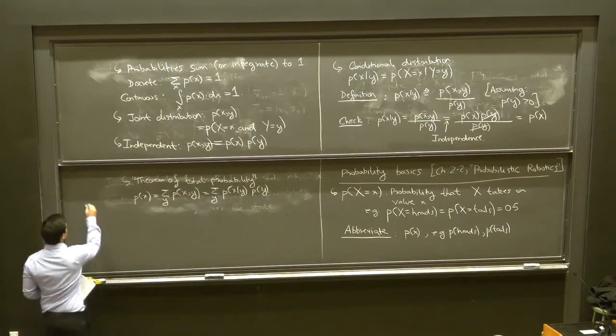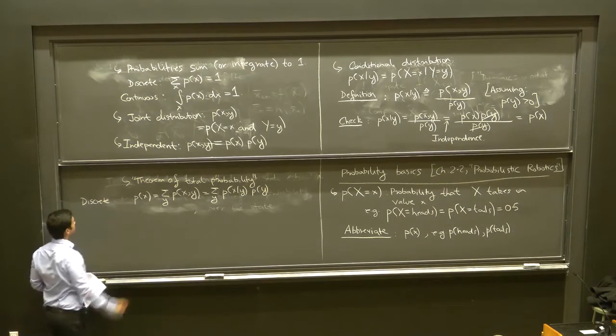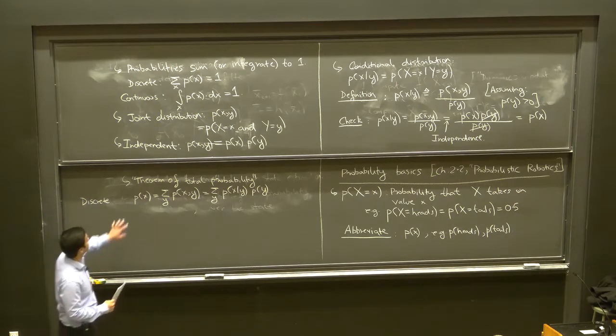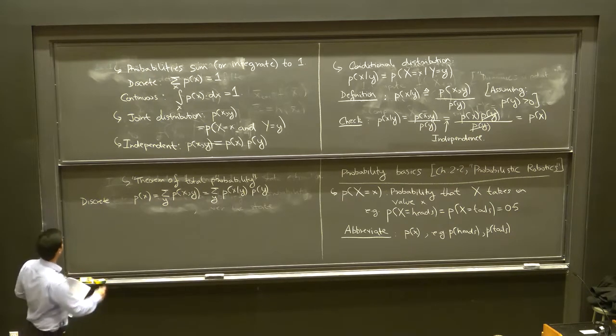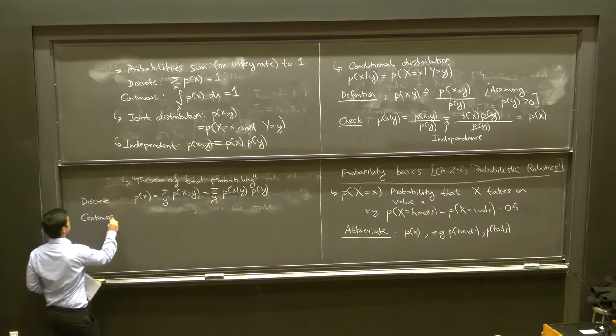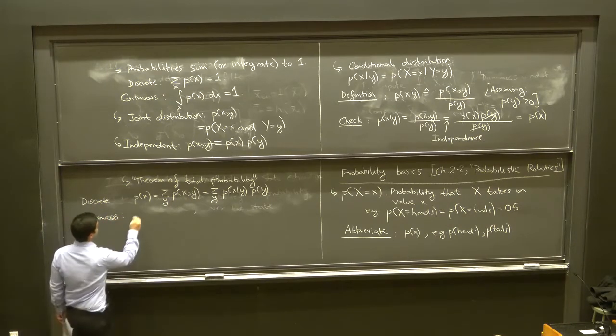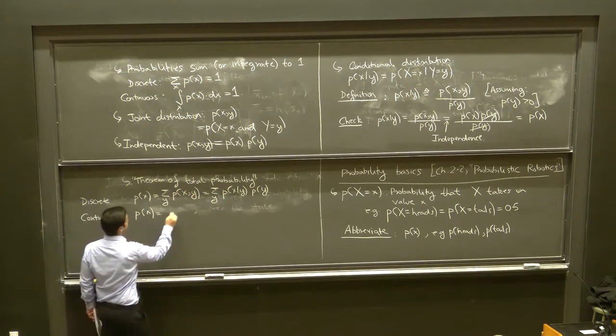So this is in the discrete setting, when you have a discrete set of possibilities for what x and y can take on. In the continuous setting, we simply replace the summation with the integral.